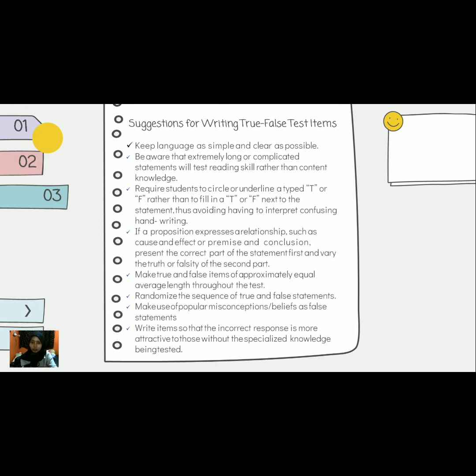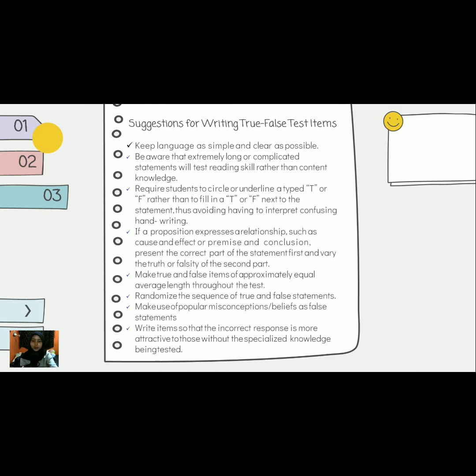If a proposition expresses a relationship, such as cause and effect or premise and conclusion, present the correct part of the statement first and vary the truth or falsity of the second part. Make true and false items of approximately equal average length throughout the test.